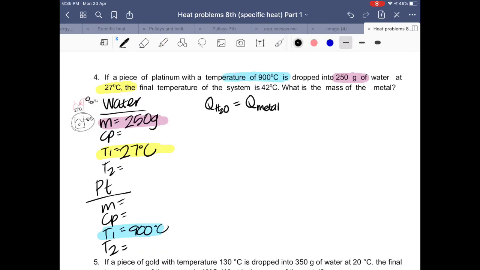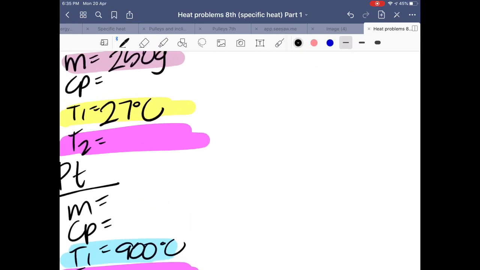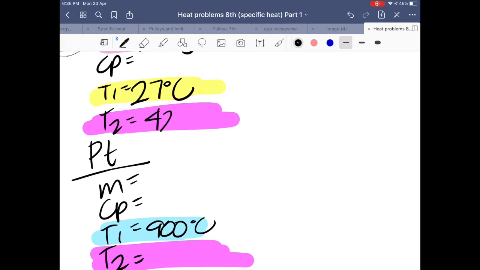And the final temperature of the system is 42 degrees Celsius. So temperature 2 of the system, it means that the water will end at the same temperature as the metal. So it will be 42 degrees Celsius.